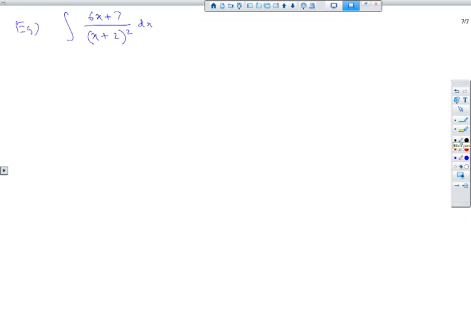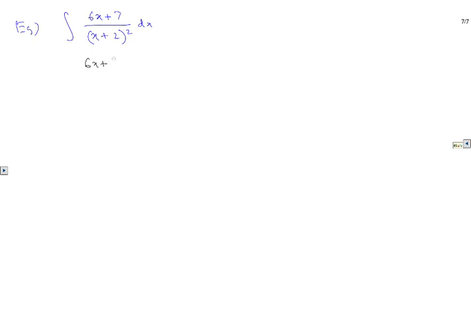In this case, we can write 6x plus 7 over x plus 2 squared as identical to a over x plus 2, and we follow the pattern of the smallest one, so we write all the factors until the largest power here. But we follow the format of the smallest one, that means we just write a constant here.